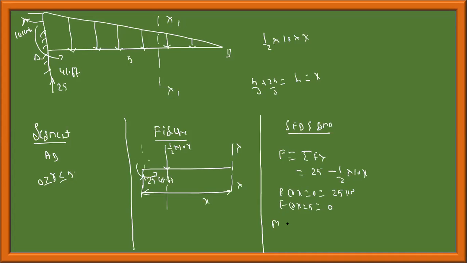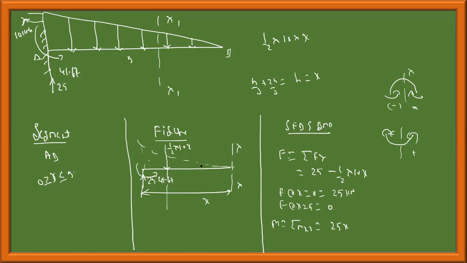Okay, moment is equal to summation of moment about XX. This is 25x, which is bending the beam like this, which is smiling face. This is counterclockwise. Clockwise will be positive, anticlockwise will be negative.